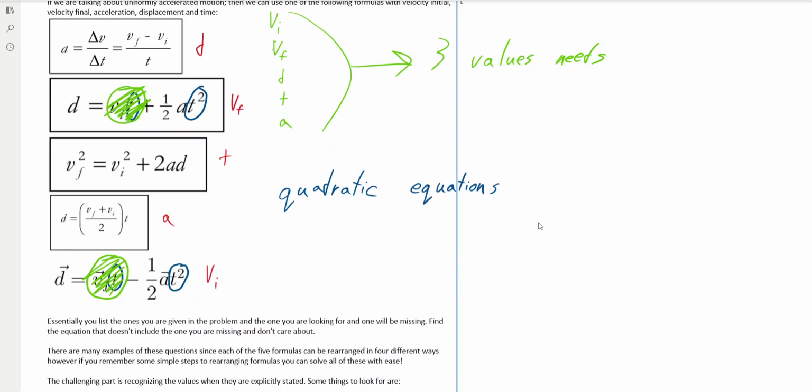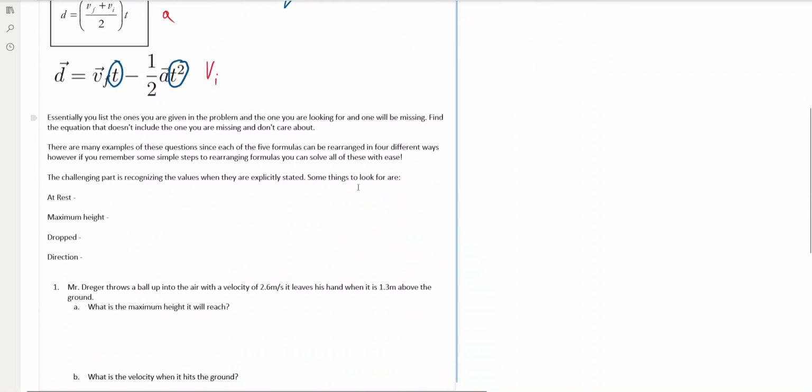I do want to point that out because those are tricky questions, but they become much less tricky if velocity initial or velocity final are 0. And we will not make you solve a quadratic equation. There are ways to do it, but that is a Math 20-1 concept, and hopefully you can take the course with me sometime as I explain that in depth. All right, let's continue on.